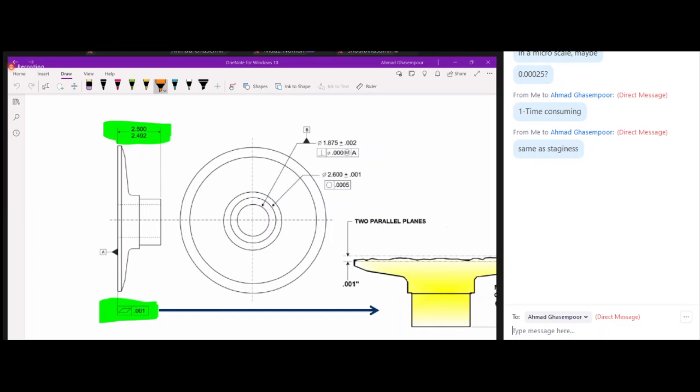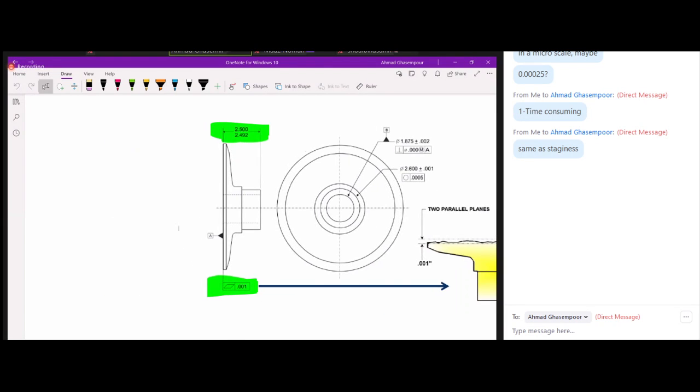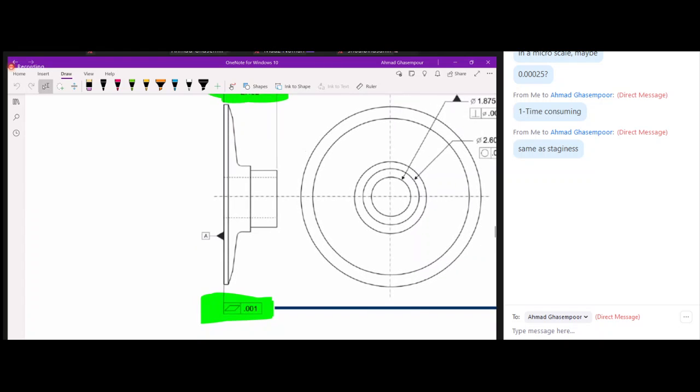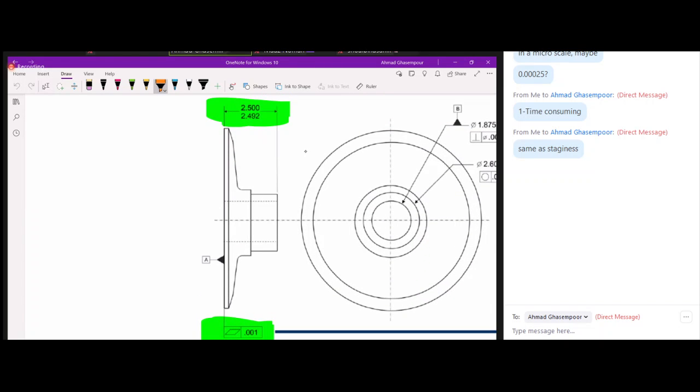It doesn't actually, because similar to straightness, right? Flatness doesn't say that this surface A has to be parallel to anything. It just wants it to be flat.